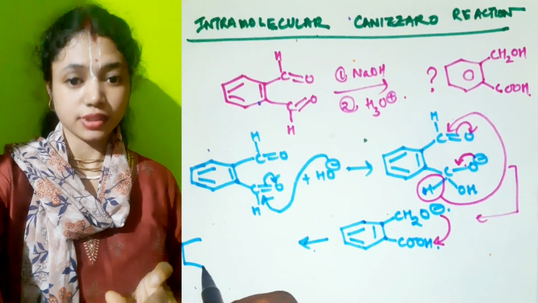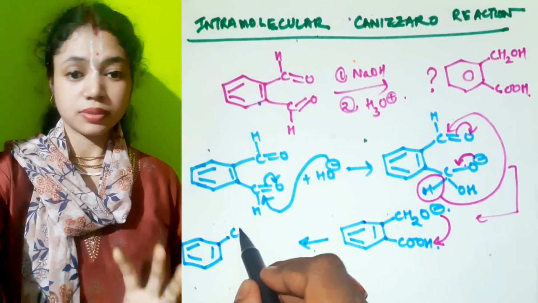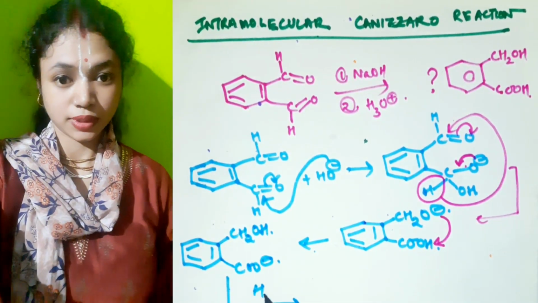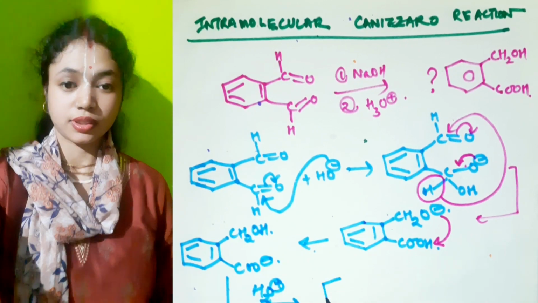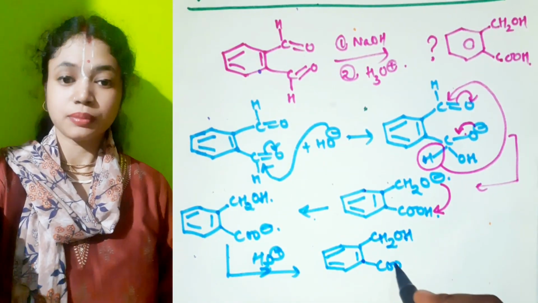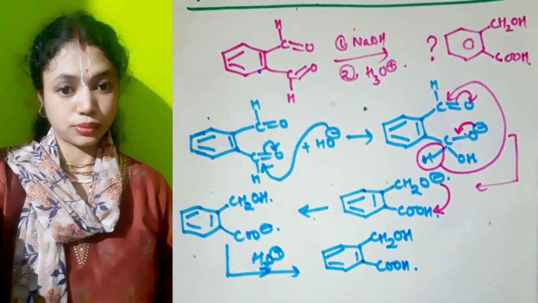Again there is a hydride shift: this O minus will take up a hydrogen from the other aldehyde group, the CHO group, and now there is the formation of acid and alcohol.